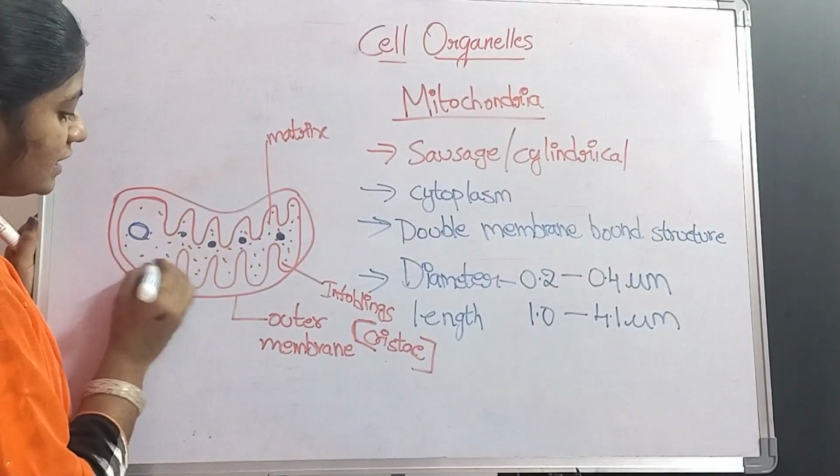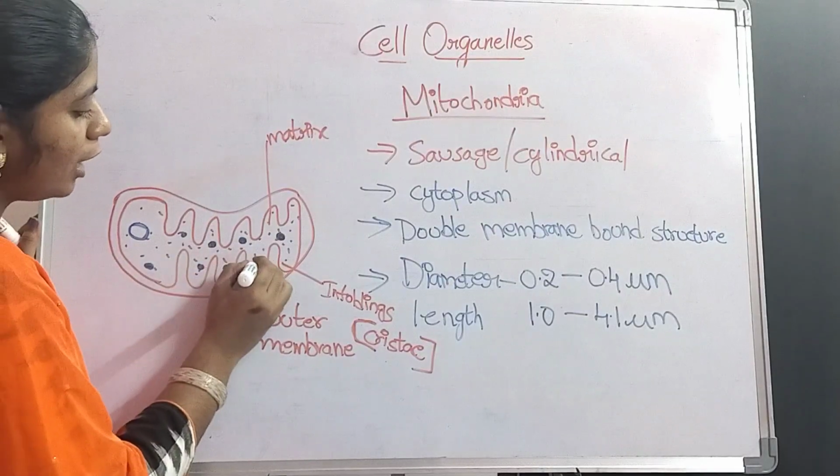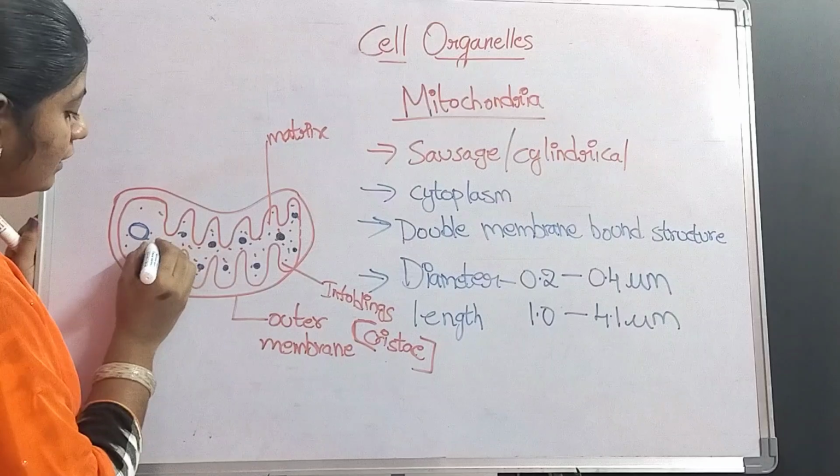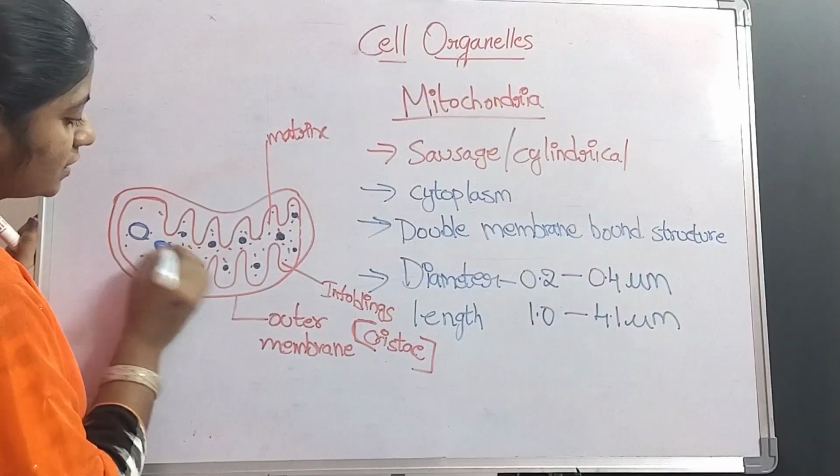Ribosomes are also present inside the matrix. Along with the ribosomes and circular DNA, RNA molecules are also present.